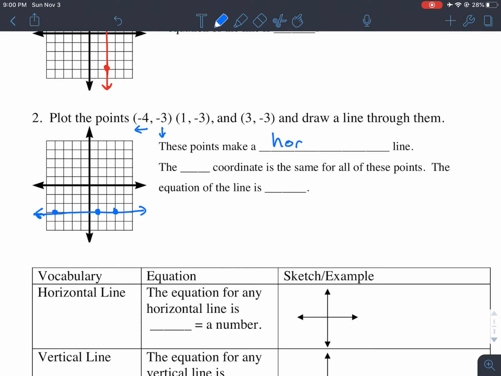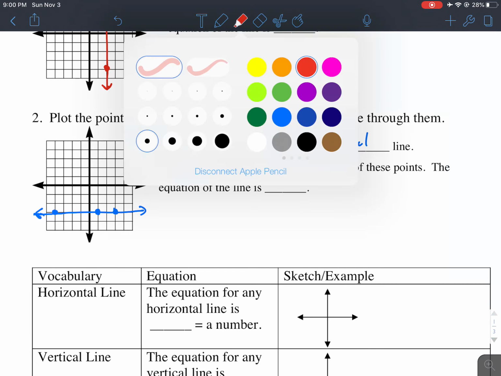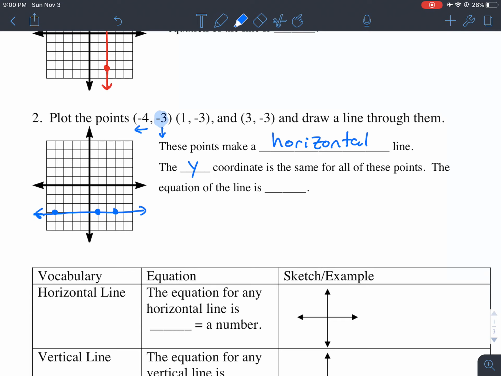In this case, we see that it makes a horizontal line where the y-coordinate is the same in each case: -3, -3, -3. Therefore, the y-coordinate is the same. That y-coordinate is -3. The equation of this line is y = -3.